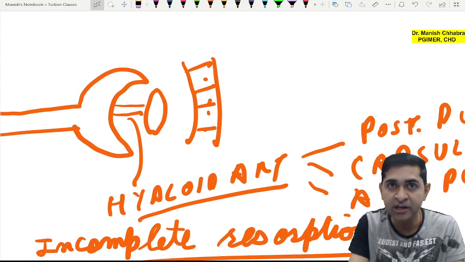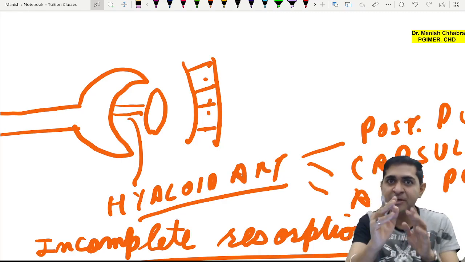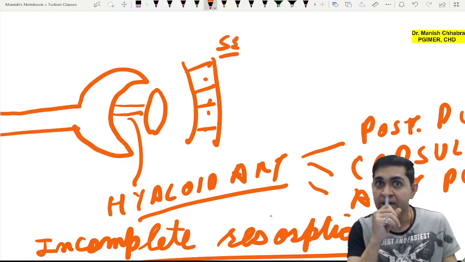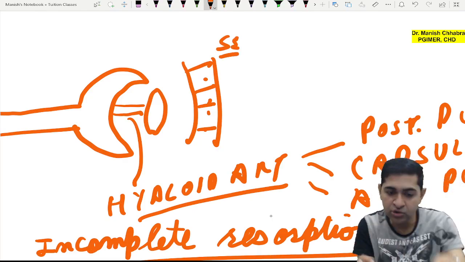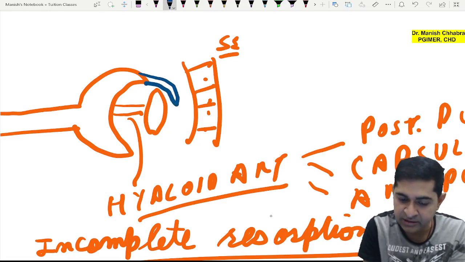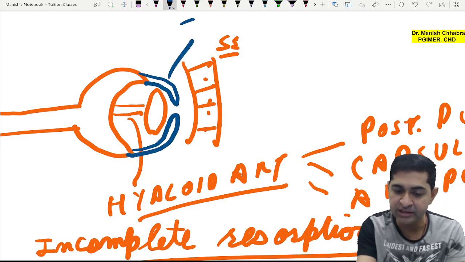There is the optic cup, and anterior to the optic cup there is surface ectoderm. Now this optic cup is closing around the lens, so that it comes to lie like this, and ultimately this blue part which I am forming is your iris.